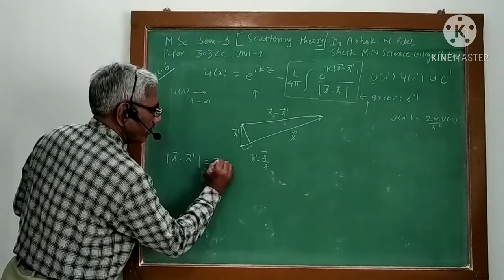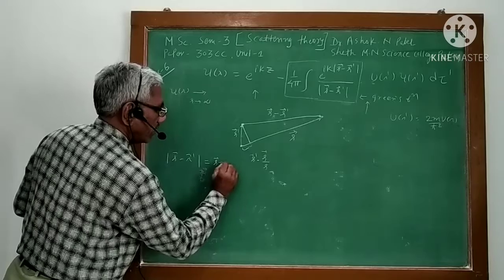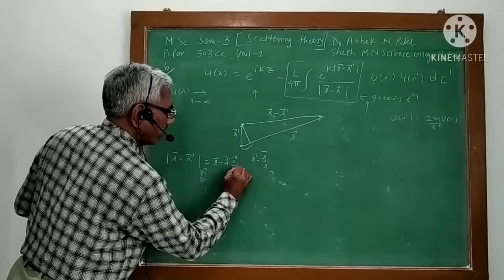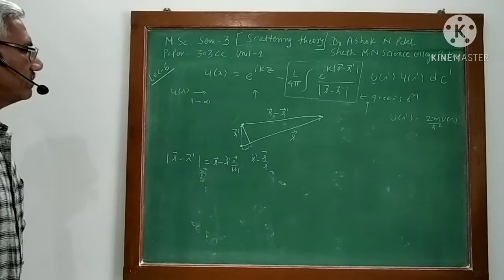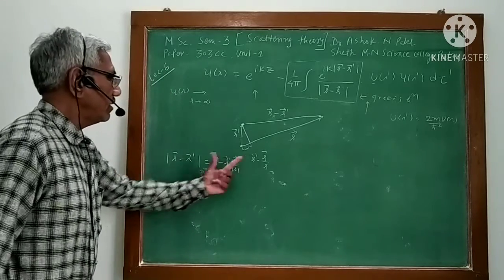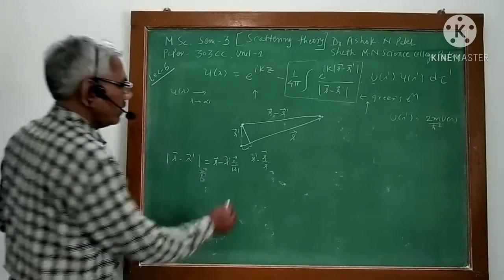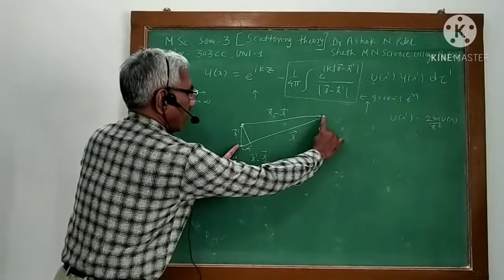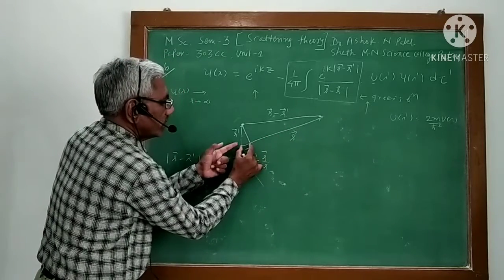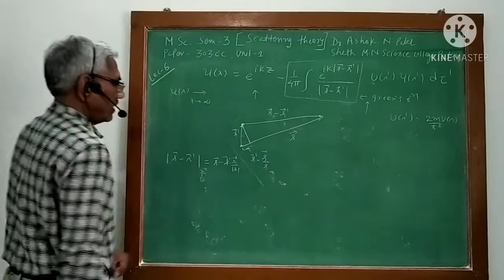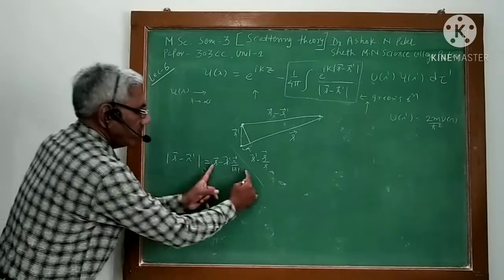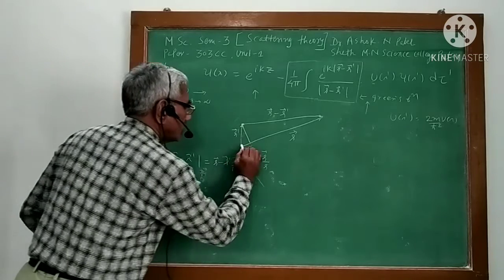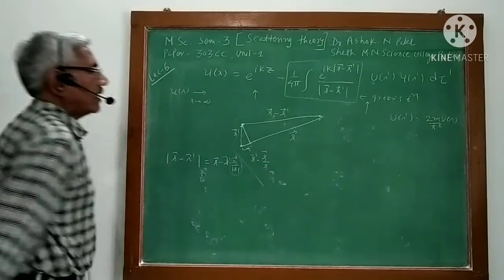So actually when r is very large, in that case |r minus r dash| is nothing but r minus r dash dotted with r vector upon mod r, isn't it? It is nothing but this thing only, because from this r you subtract this, so it will be r minus r dash. But this is the unit vector along the r direction.